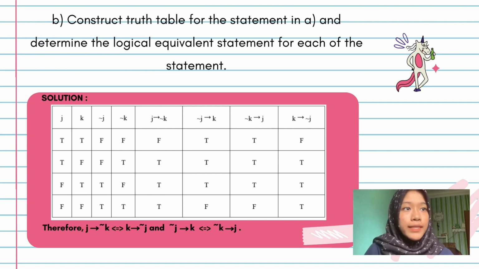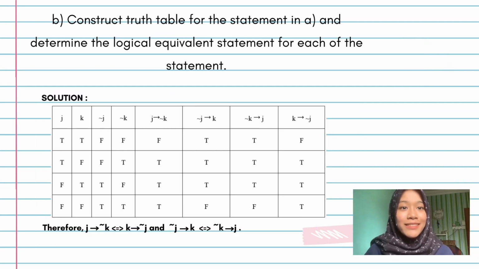Not J implies K: true, true, true, false. Not K implies J: true, true, true, false. K implies not J: false, true, true, true. Therefore, we can conclude that J implies not K is logically equivalent to K implies not J, and not J implies K is logically equivalent to not K implies J.